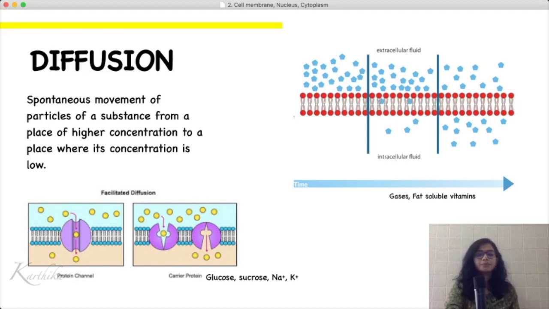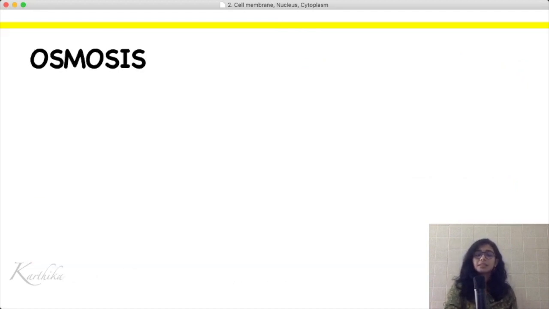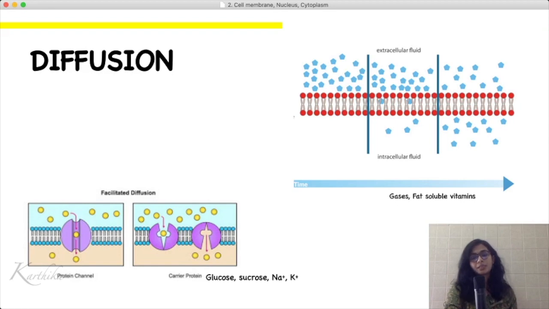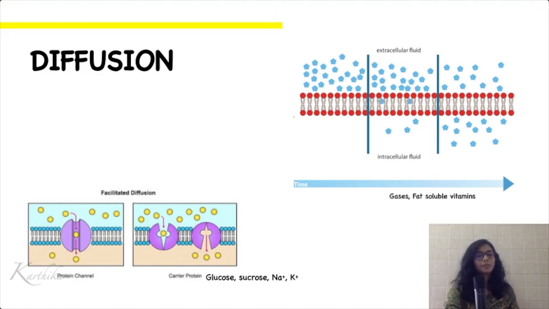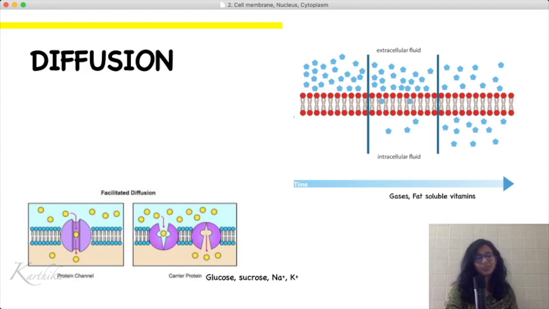Now in some other substances, the molecules are very bulky. So in such situations, the proteins, remember in the ultrastructure we noticed proteins on the cell membrane, those proteins help in diffusion. Sometimes the proteins act as a channel and sometimes as a specific carrier.